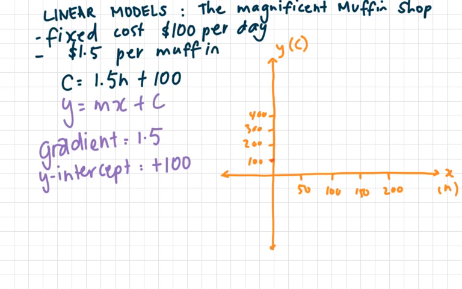The next point over would be 1.5, so that would be around here, and then I want to do another point around here.